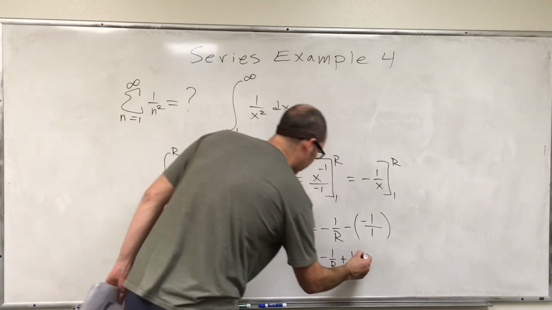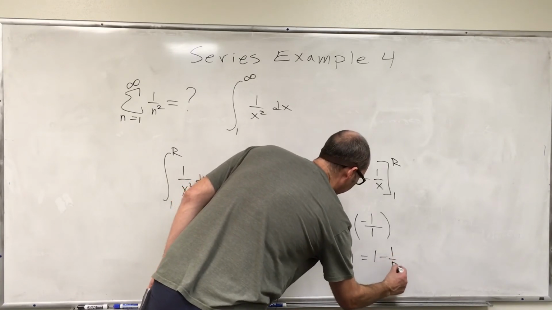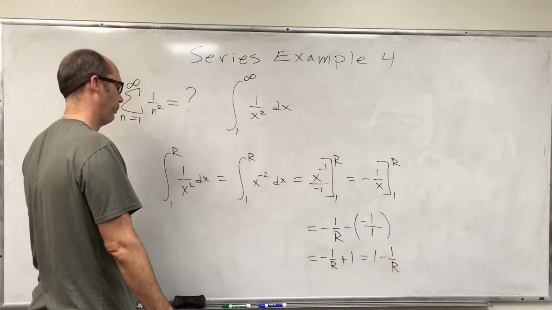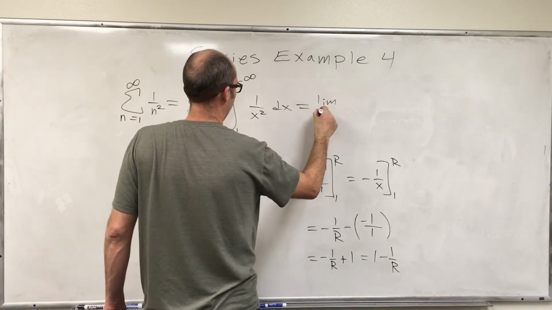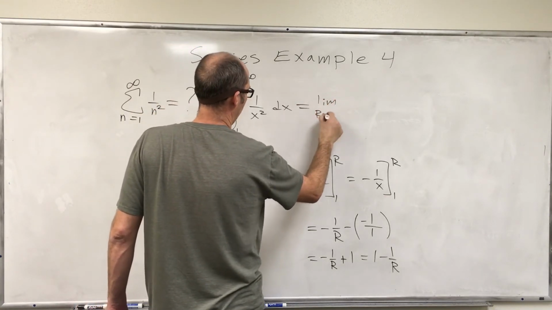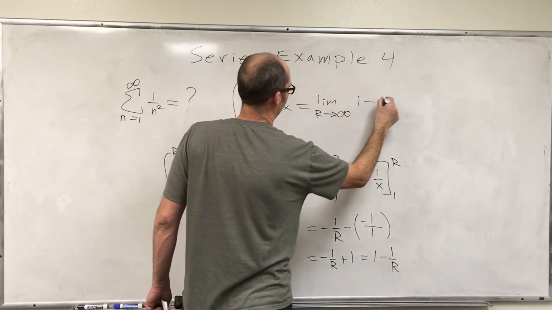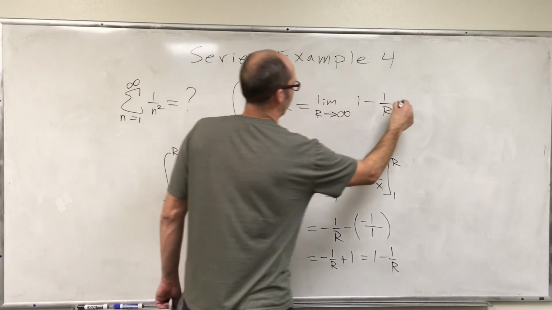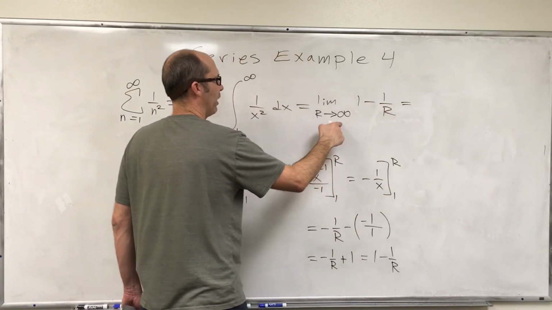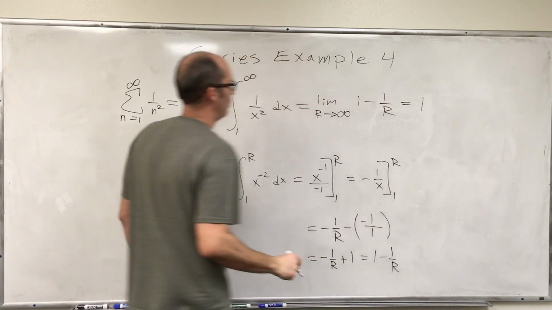Just to make it look nice, I'm going to call this 1 minus 1 over r. All right, so this integral is equal to the limit as r approaches infinity of 1 minus 1 over r. You can see that as r gets large, 1 over r goes to 0, and this equals 1.